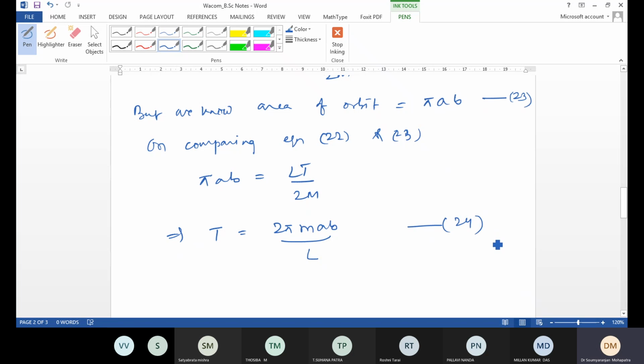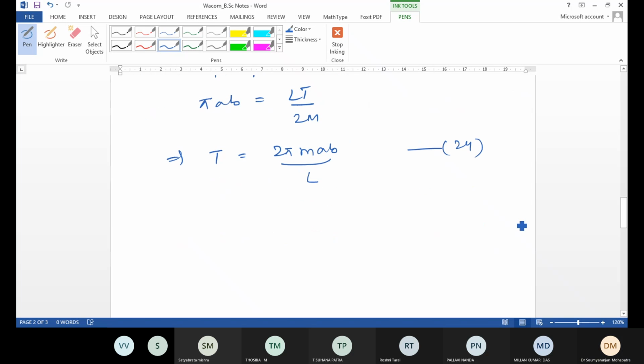Okay, is it clear? But the question arises here: even if you study relativity, you'll come to know that the planets which are revolving around the sun never meet at the same point after one complete revolution, because our sun is not fixed, neither are the planets fixed, but they follow an elliptical path.